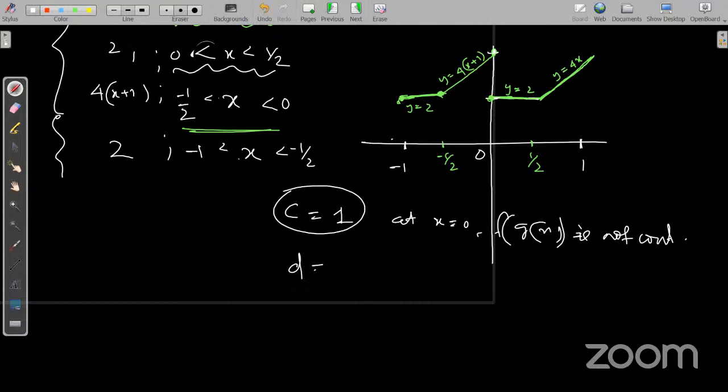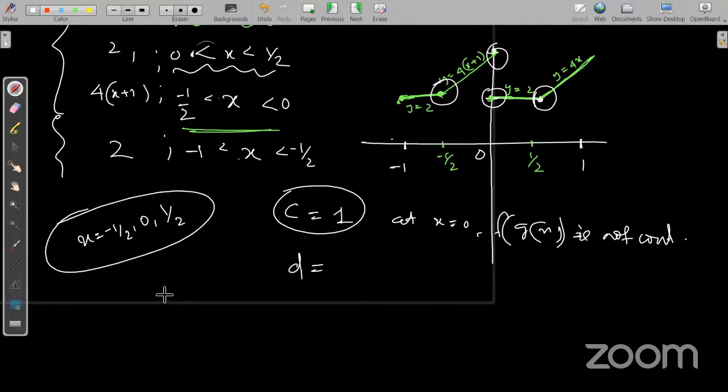And for the number of points of non-differentiability, there is a sharp point at x is equal to 0, it is not differentiable, and there are sharp points also at the others. So we are getting 3 points, at x is equal to minus 1/2, 0, 1/2. These are the points of non-differentiability, so D is 3. So C plus D will be 1 plus 3, that is 4. Is it clear, guys? So the answer is 4.